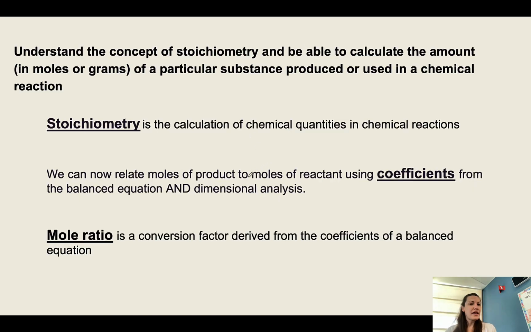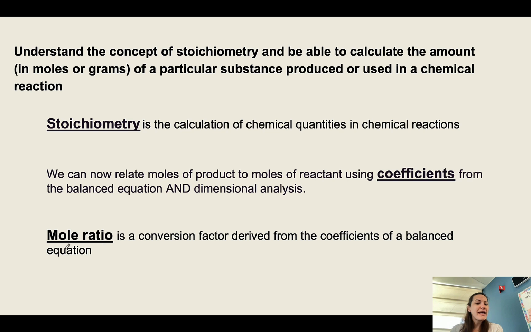So stoichiometry is basically the calculation of how to figure out how much of one reactant I need in my reaction, or if I have a certain amount of reactants, how many products I can actually form. We're going to use the coefficients, which are the numbers out in front, our balanced equation, and some dimensional analysis, and we're going to do that all together in some examples.